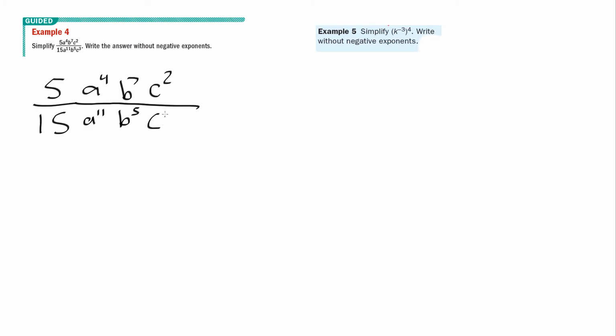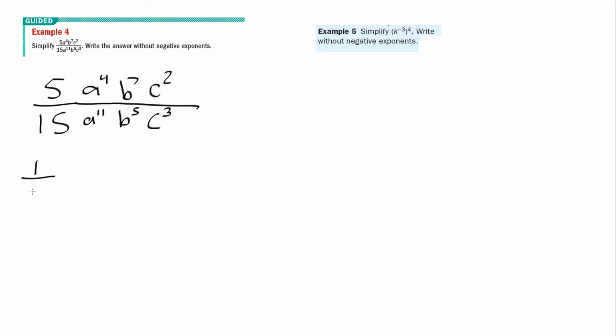So I had 5 over 15, a to the 4th, a to the 11th, b to the 7th, b to the 5th. It's nice. They had them organized for us already. They're kind of a little OCD like me. So 5 over 15, that 5 goes into 5 one time, 5 goes into 15 3 times.